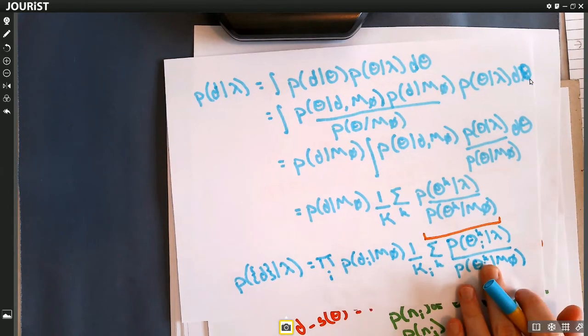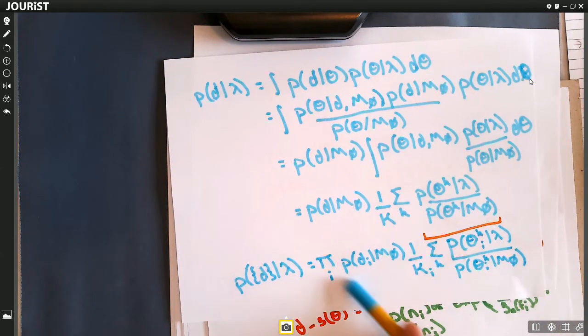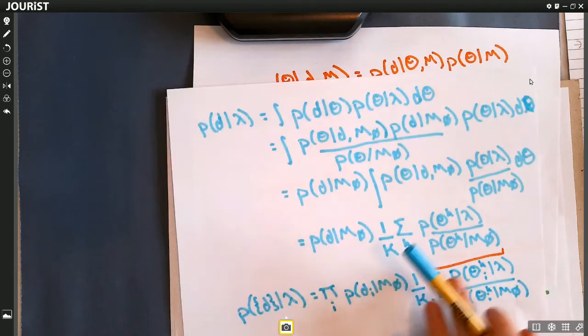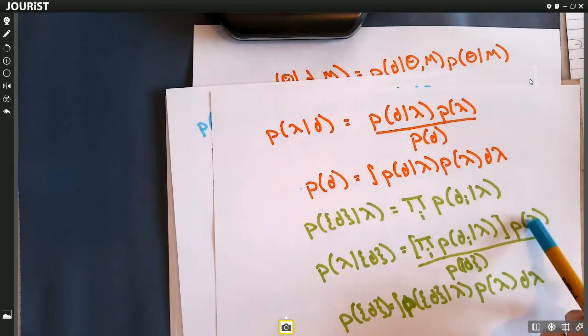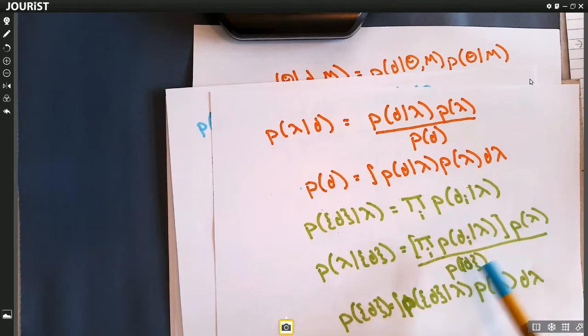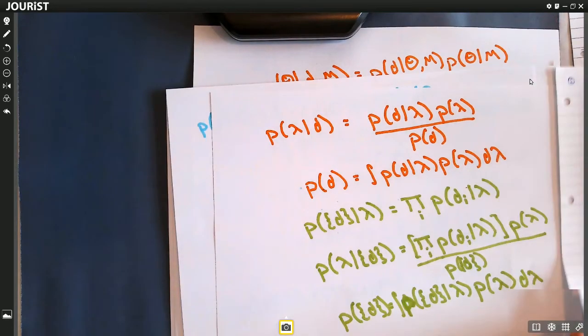Okay, so we take the product of all this for all of our individual terms, and that gives us the likelihood that we want now for our population inference. Substitute this in, multiply it by a prior, and we have a normalization constant at the bottom. And that's what we will need to map out our probability distribution.